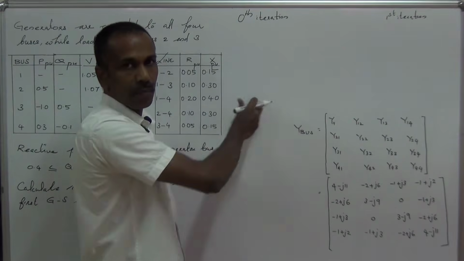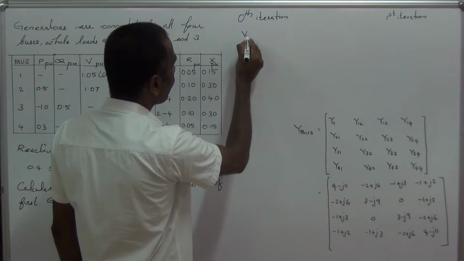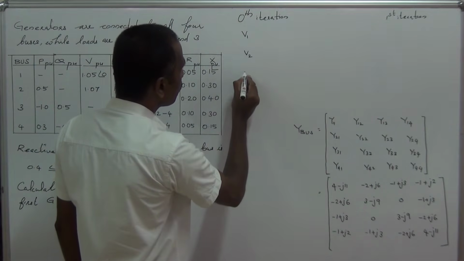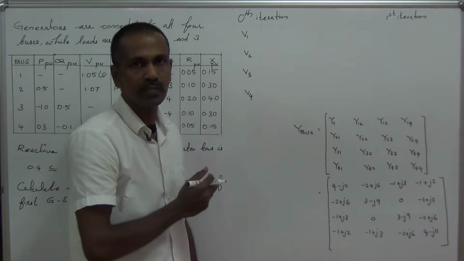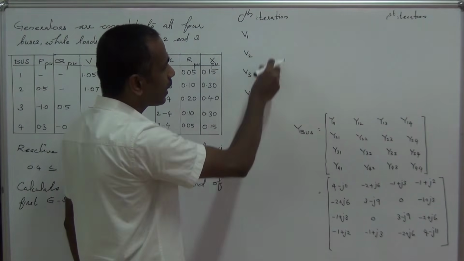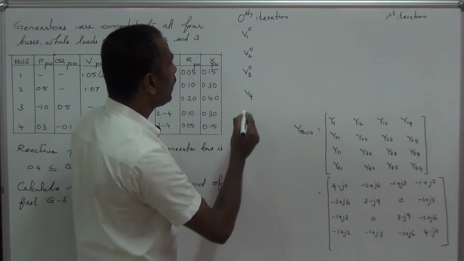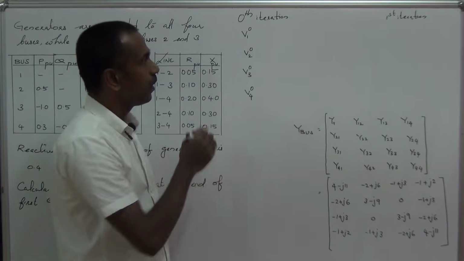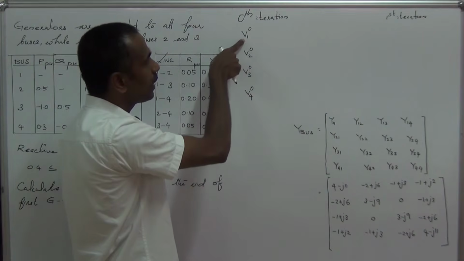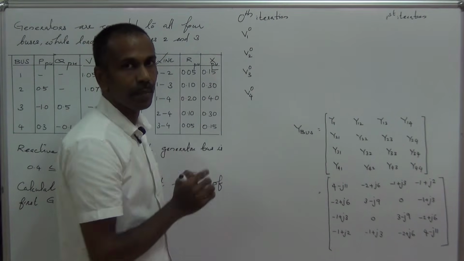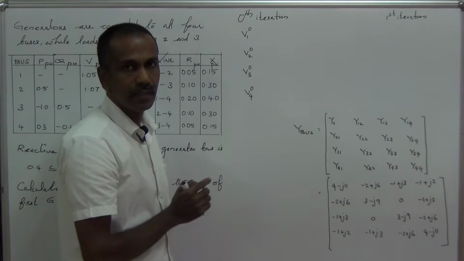The initial values are marked as 0th iteration. We have 4 buses, V1, V2, V3 and V4. These are the 4 bus voltages. As it is the 0th iteration, let me mark these as V1(0), V2(0), V3(0) and V4(0). The superscript 0 represents the iteration number. The subscript 1 represents the bus number. So what is V4(0)? The fourth bus voltage in the 0th iteration.